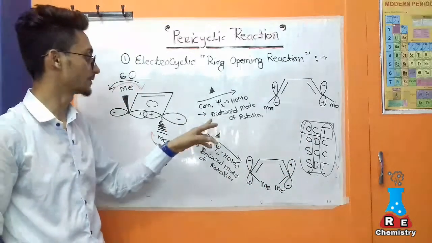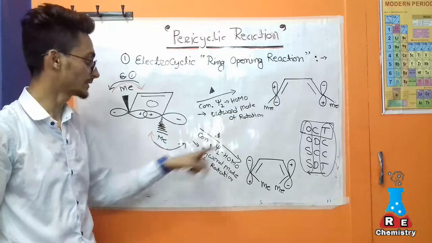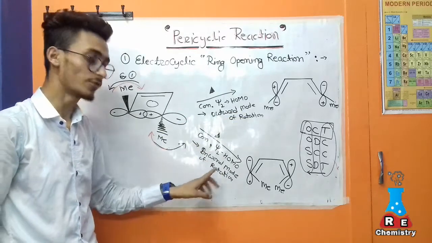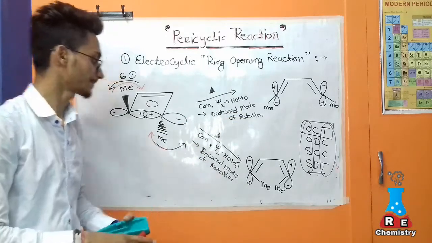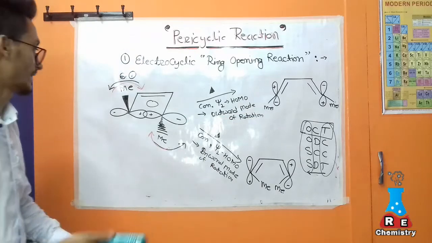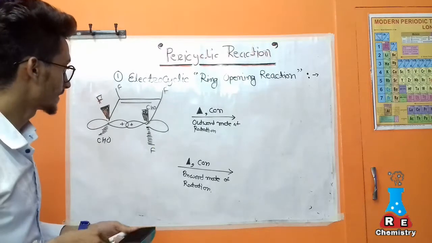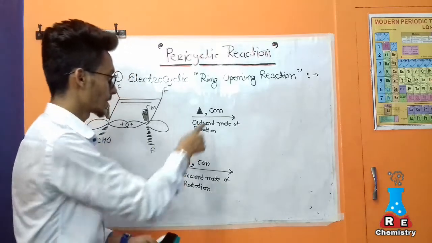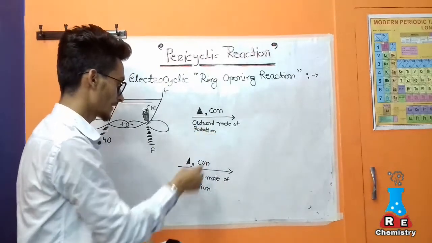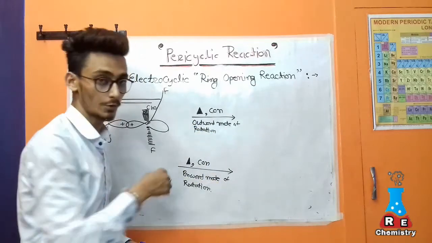So that's the difference between the con outward mode of rotations and con inward mode of rotations. Take one more example. In this example, we can see two types of reactions: con outward mode of rotations and con inward mode of rotations.